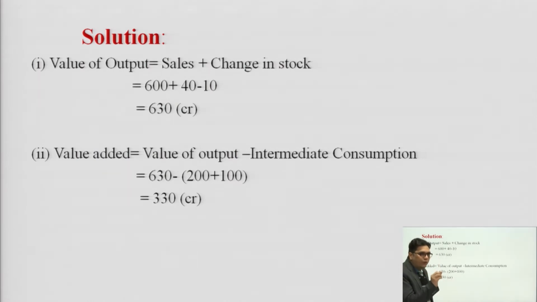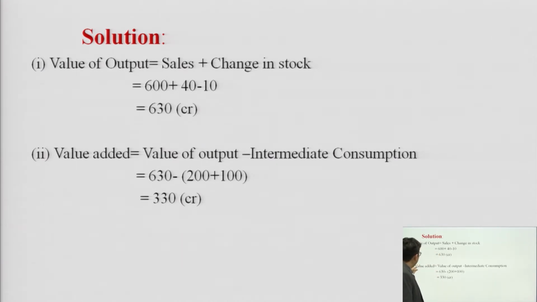So the value of output is 630 crore. I repeat: sales figure is given in our question, that is 600, 40 is our closing stock and 10 is our opening stock. The value of output is 630 crore.